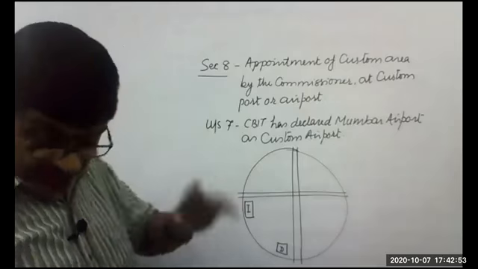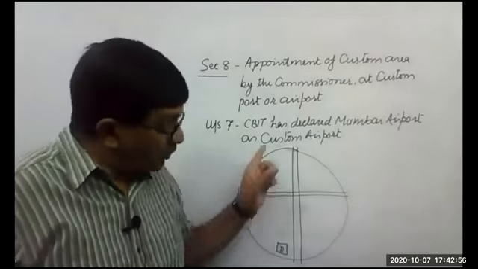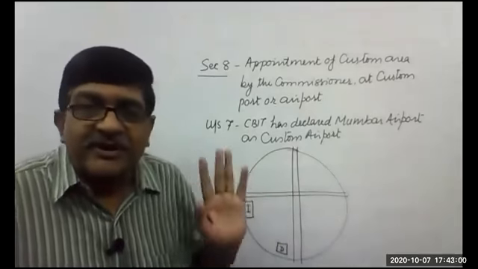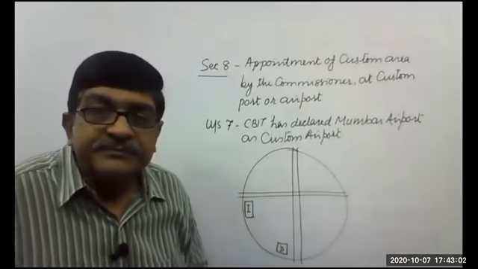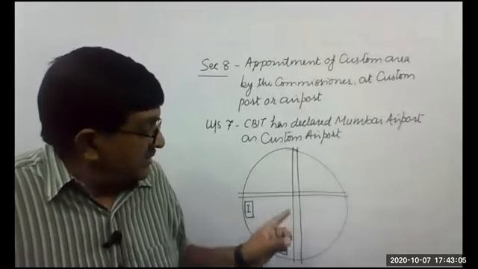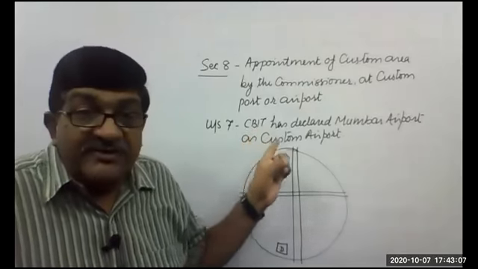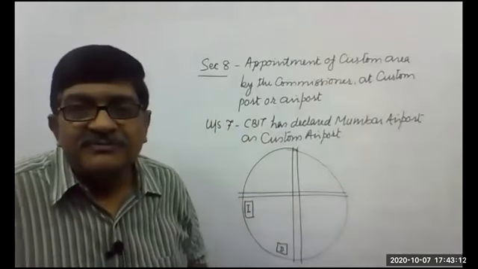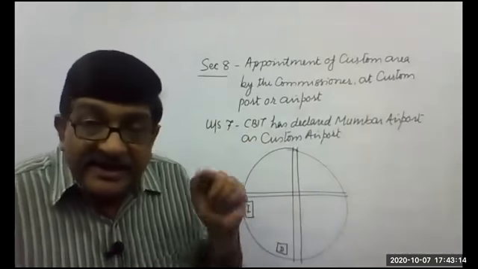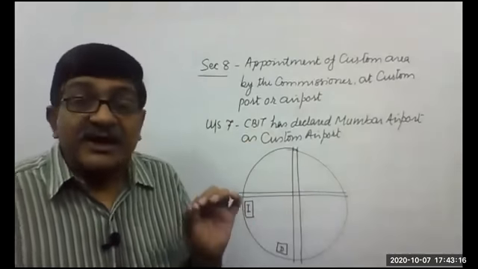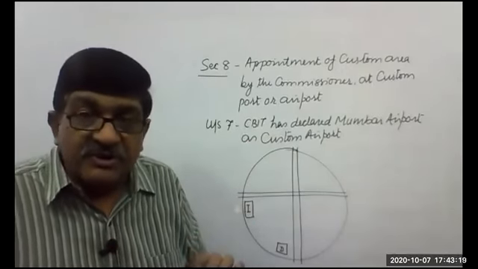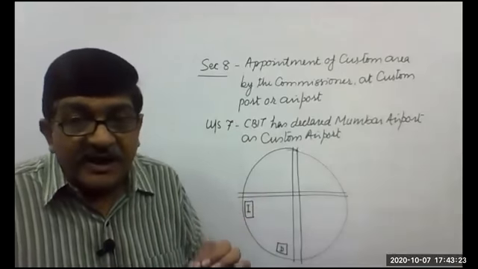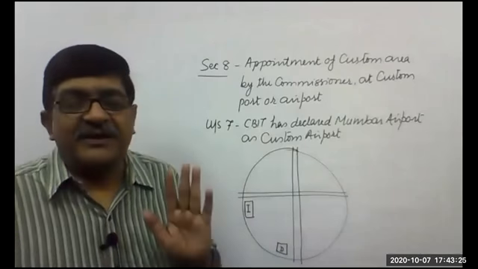Now the problem is, it is only one airport. A similar situation is there at every airport. Mumbai, I am giving you as an example. CBIT said Mumbai airport is the custom one, so the whole airport should be a custom airport. No. Under Section 8, the commissioner having jurisdiction at Mumbai airport is authorized to fix the area to be called the custom area.